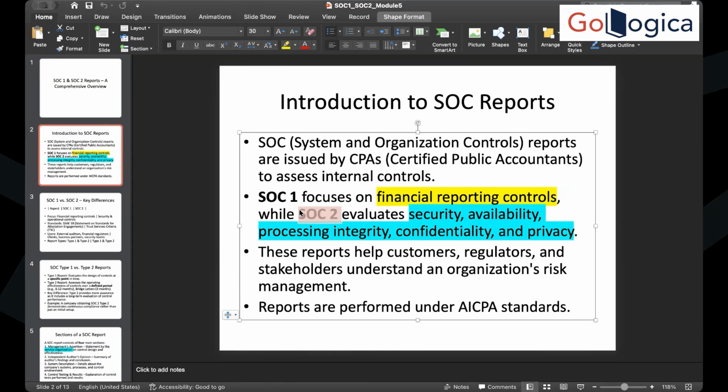Once I get the SOC 1, SOC 2 report from Shellman, I share that report with my customers. For example, you name a company, any company that comes to your mind. Apple. Apple is my customer. Apple is using services from Cisco.